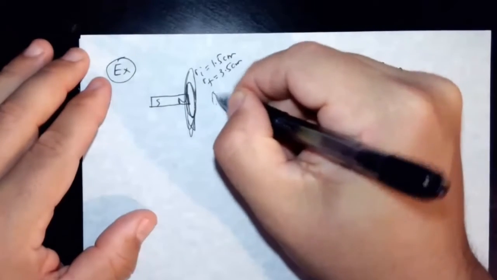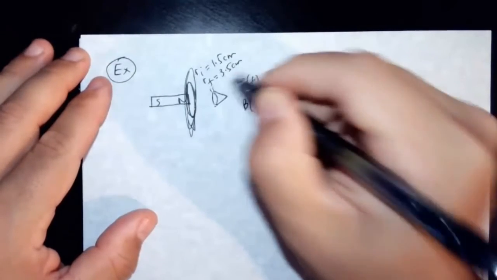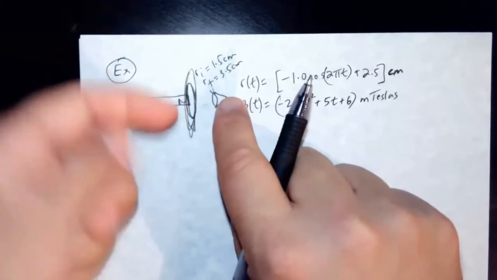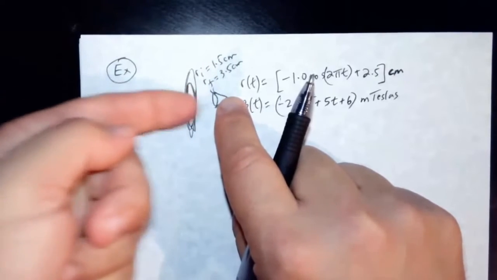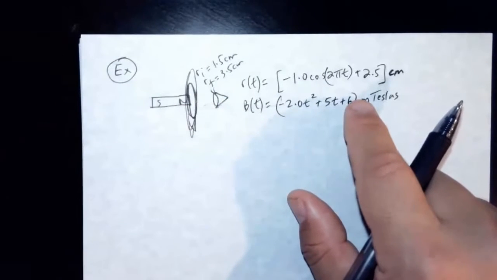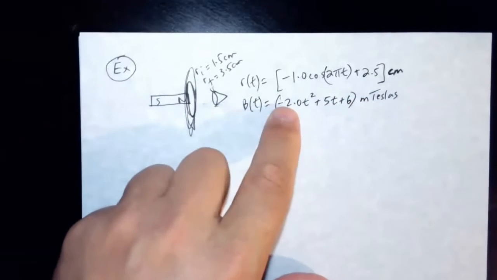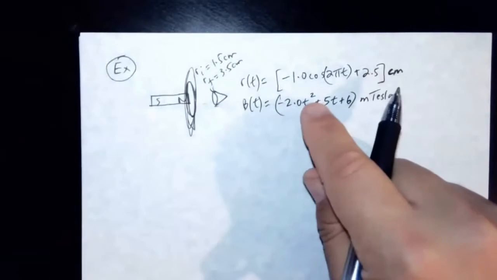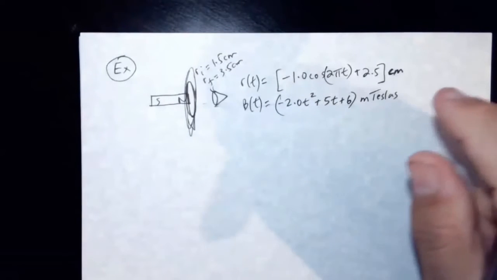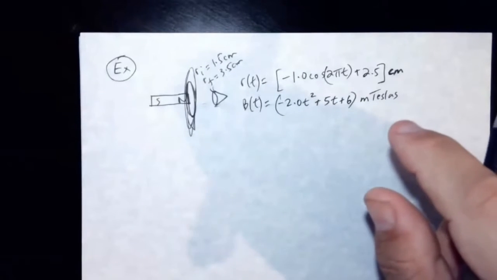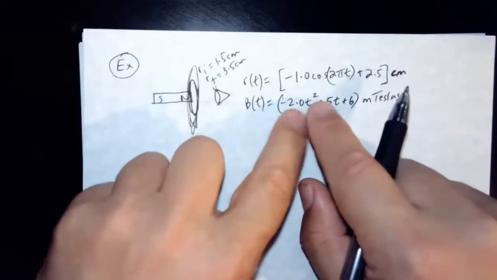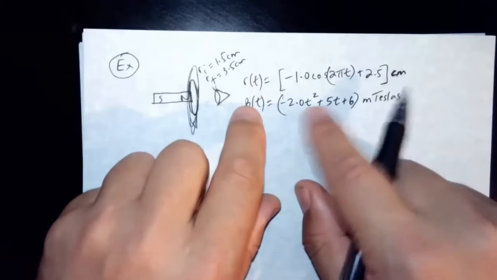So I'm going to take the view from the right side of the coil. So initially the magnetic field is coming this way, 6 milliteslas. But based on this function, eventually the magnetic field is going to turn negative, right?